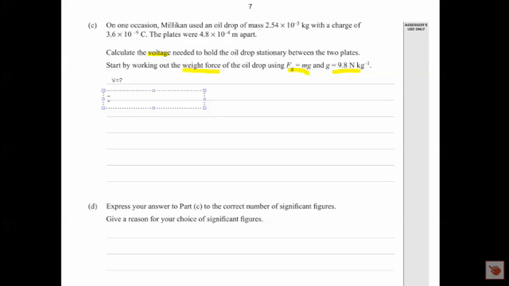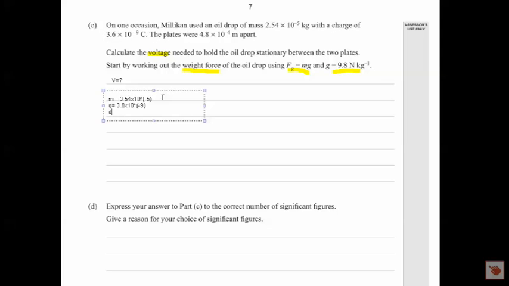So I'm going to track my data. I have a mass given, which is 2.54 times 10 to the negative 5. And that's coming from right here. I've got a charge given as 3.6 times 10 to the power negative 9.